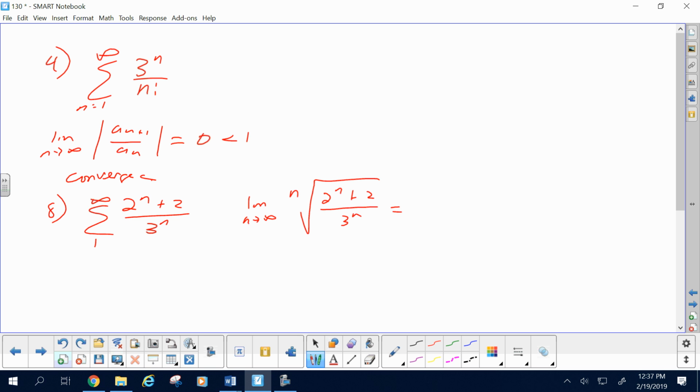Now, think infinitely. When you get huge numbers, 2 to the n would go to, does that plus 2 start to mean anything? No. So that 2 means less and less as n goes to infinity, and this limit approaches 2/3. 2/3 is less than 1, and therefore this converges.